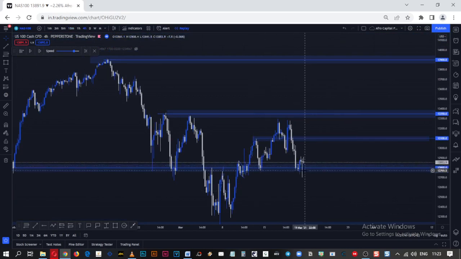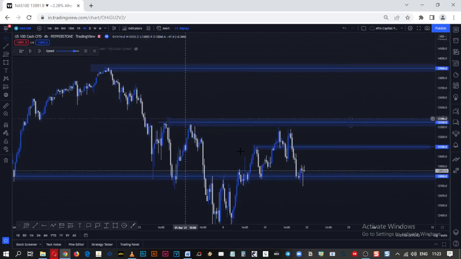This is a reversal. Patience, patience, patience. This is a reversal based on, like, you are seeing huge rejections on the 1800, huge rejections on the 12800.